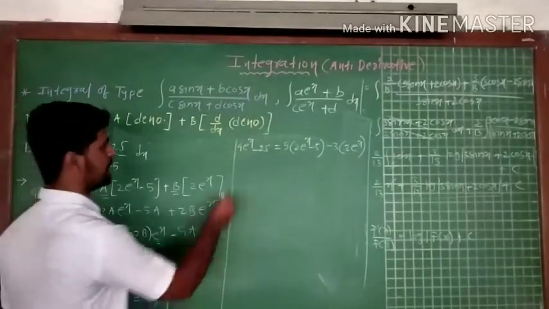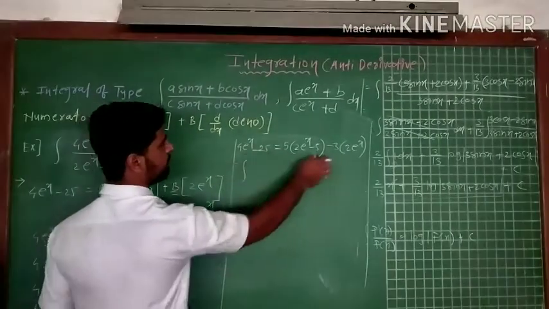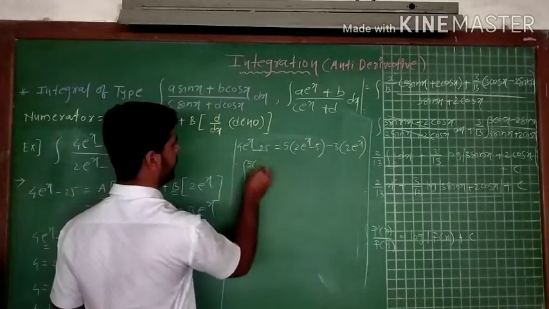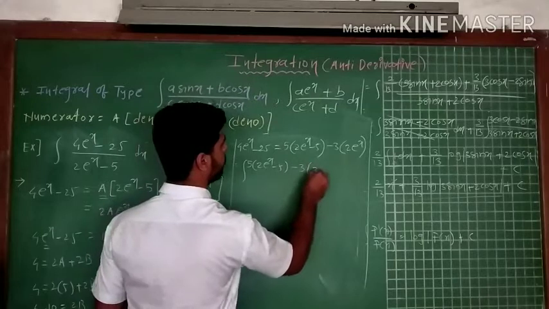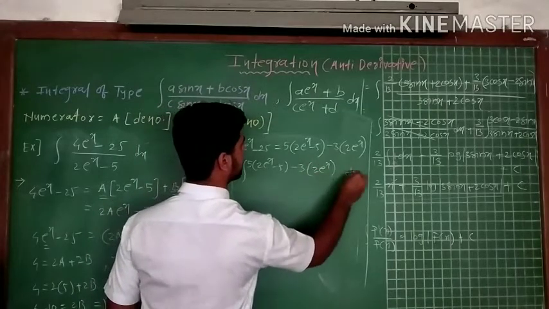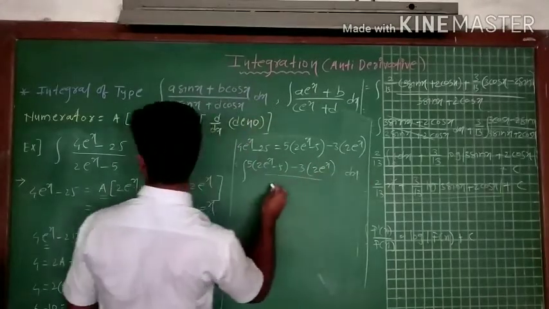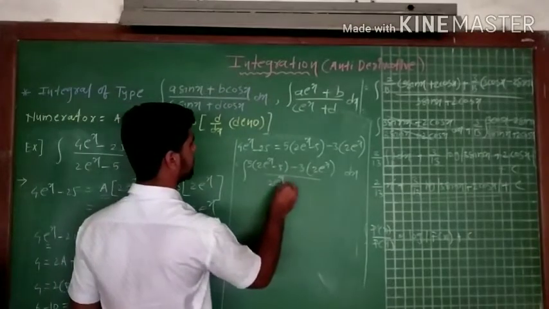Let's rewrite the function by replacing the numerator by these two new terms: the integral of [5(2e^x − 5) − 3(2e^x)] dx divided by (2e^x − 5).